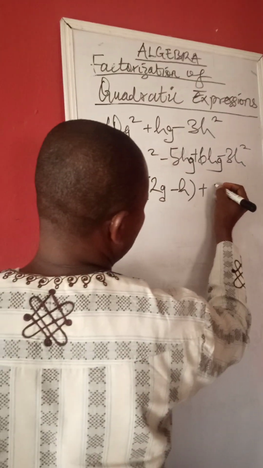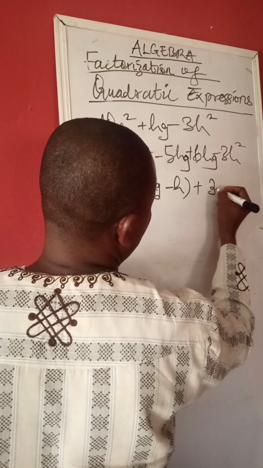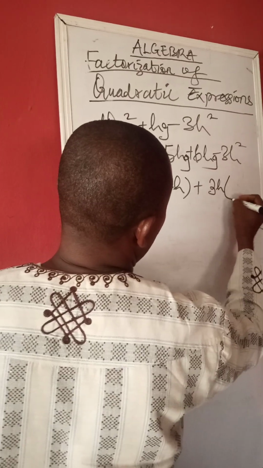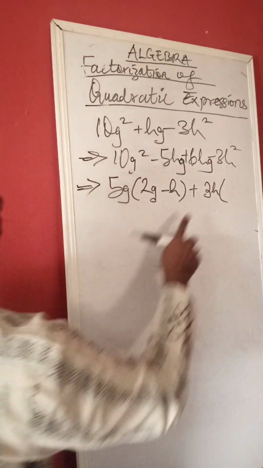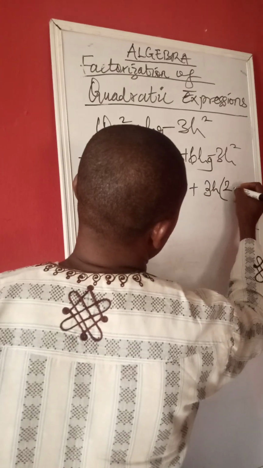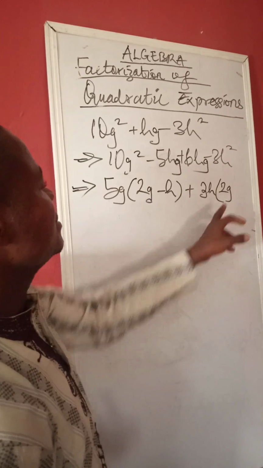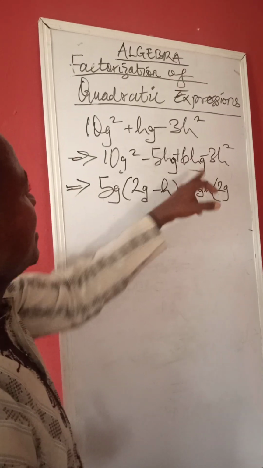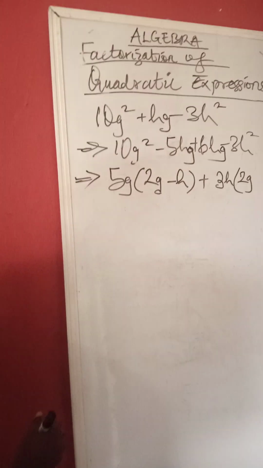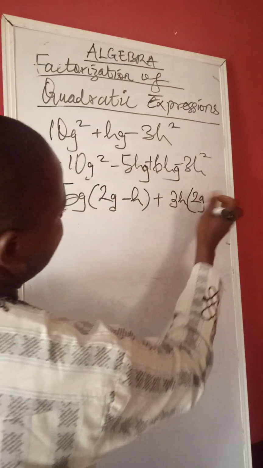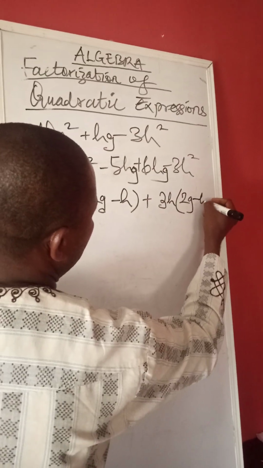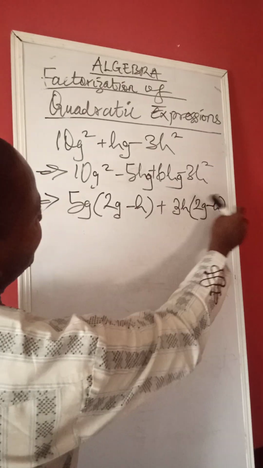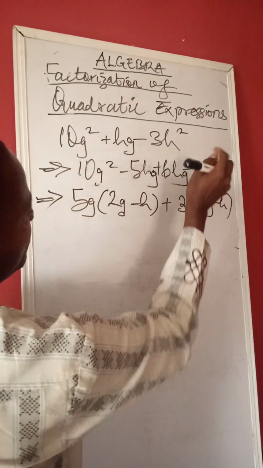What will remain here is 2g, because 3h times 2g will come back as 6hg, and then minus h, because 3h times minus h will give me minus 3h squared.